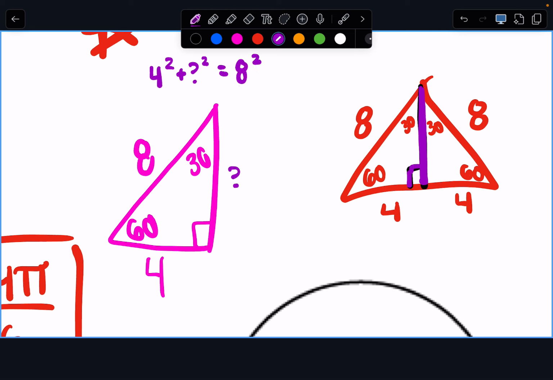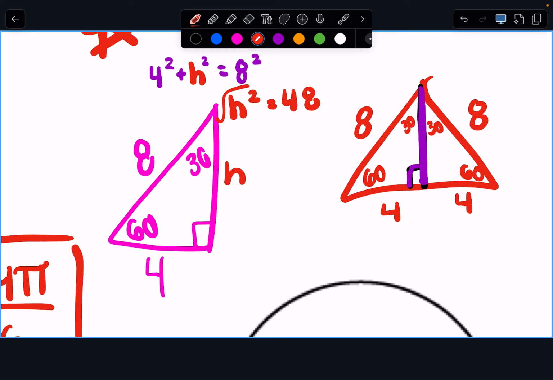All right, go ahead and simplify that down, and we're looking for our height. All right, I'm going to call our height h for now. And what I am getting is that h squared equals 48. Let me double check that really quick. Yep, 64 minus 16. All right, yep.